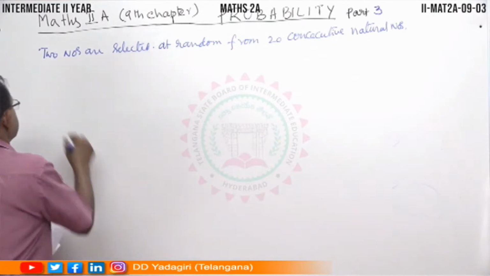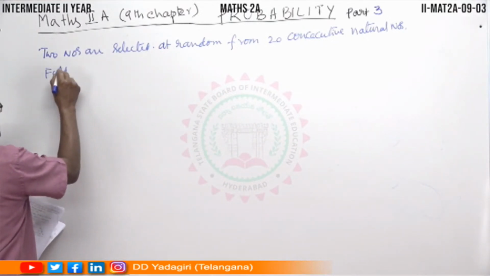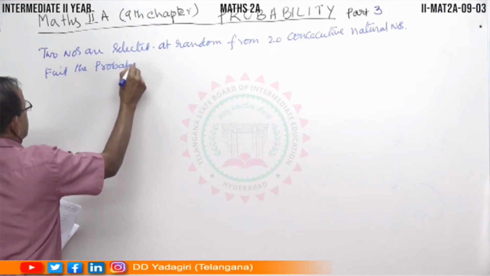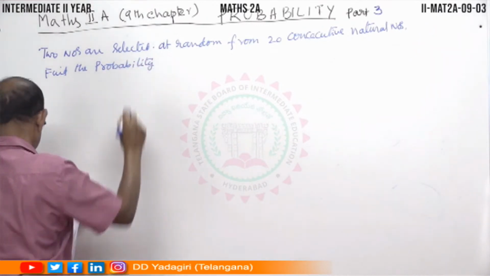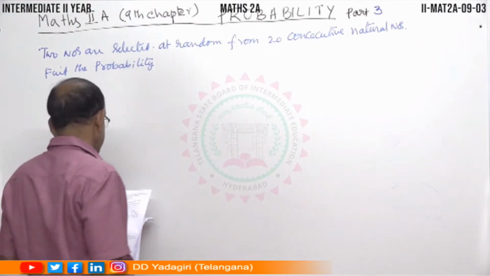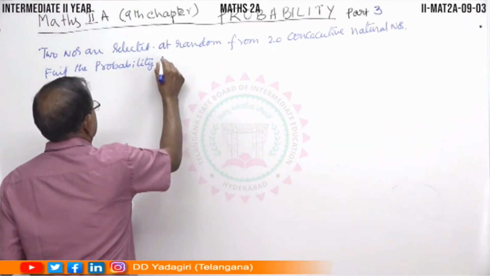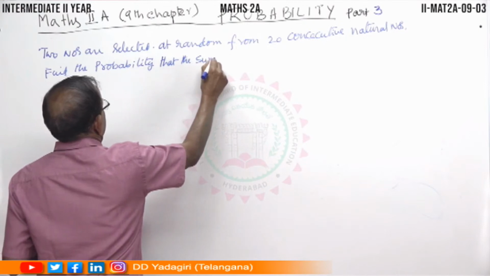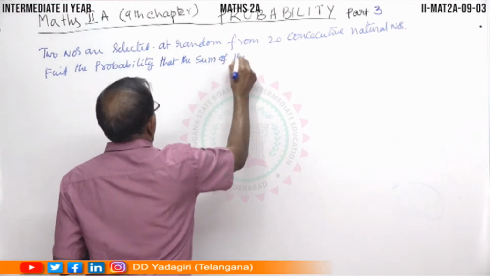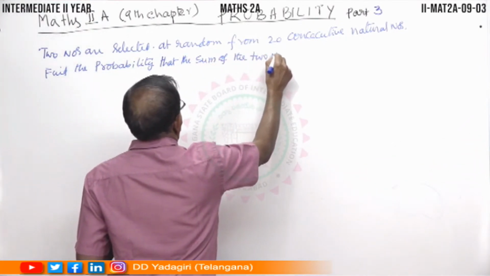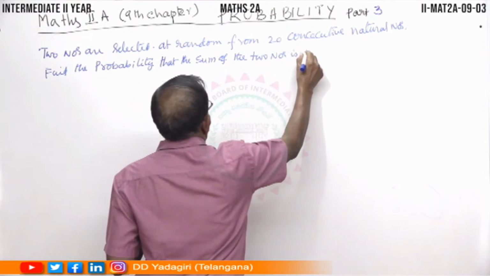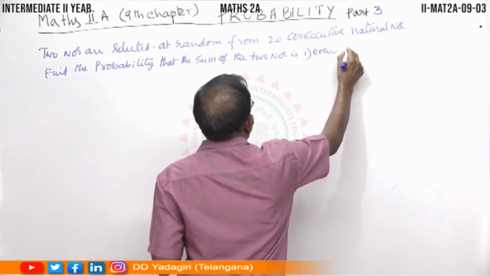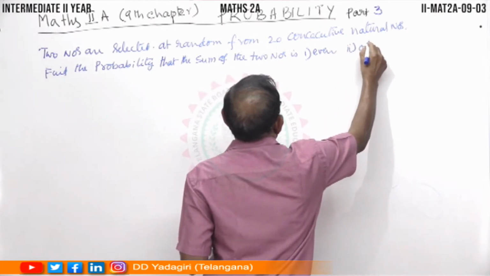Find the probability that the sum of the two numbers is 1, even, 2, odd.